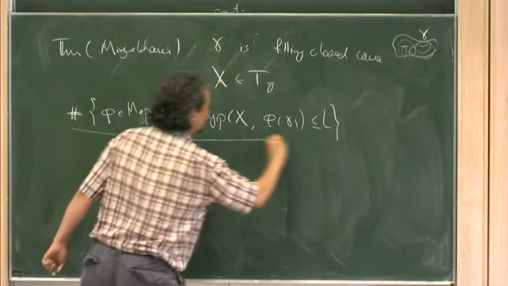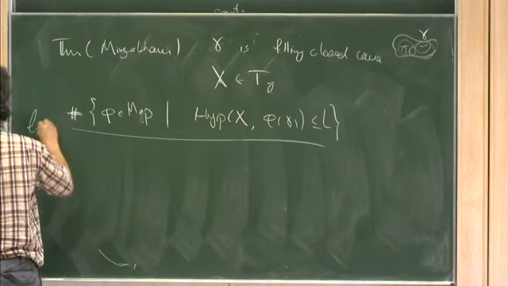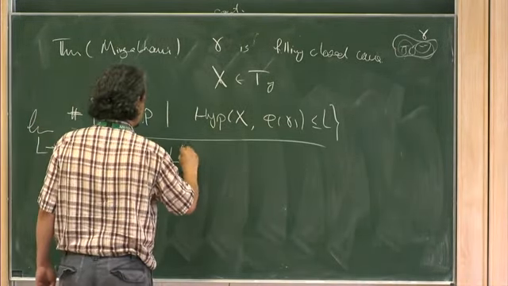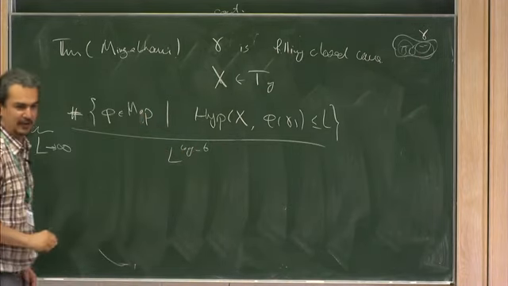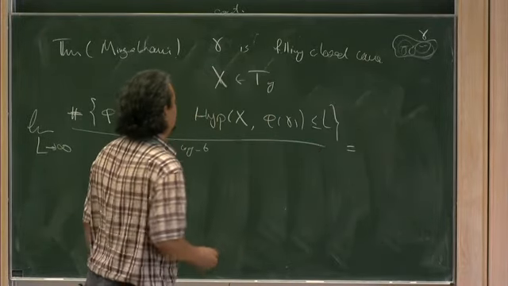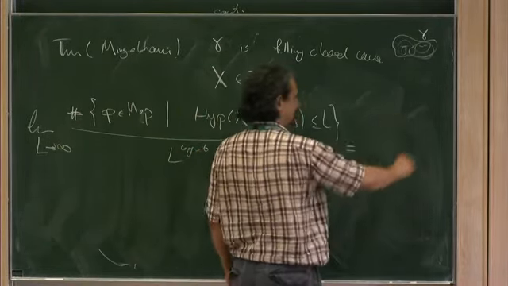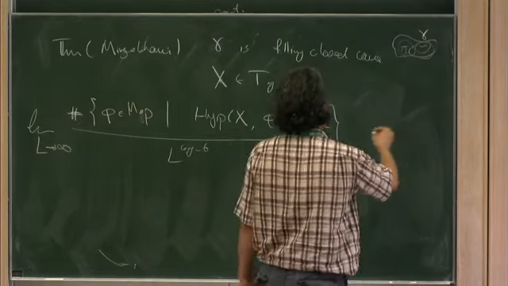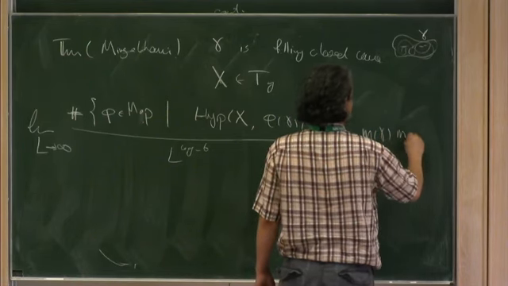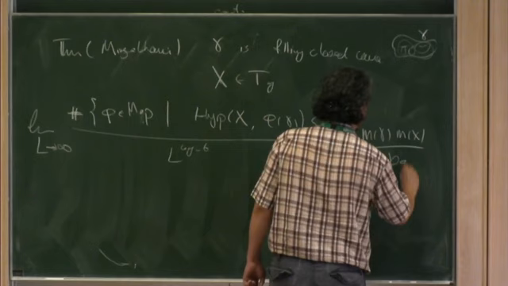So the theorem is that this grows, again, polynomially like L to the 6g plus 6, and the limit exists. In fact, Maryam proved that the limit has certain properties, but they actually can tell you what the exact value of it is. It's m of gamma times m of x divided by b_g.